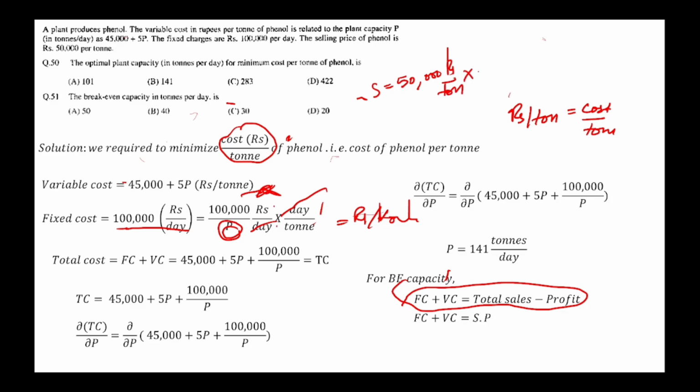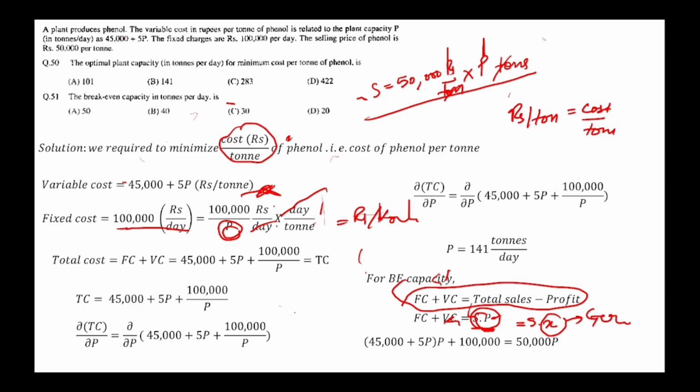If I am selling P tons, then ton cancels out. This is the total sale, selling price per unit times the number of units. So S is the selling price, and P is the quantity. I can write S into X, where X is the quantity as a general term. Why am I writing P? Because in the question P is given.